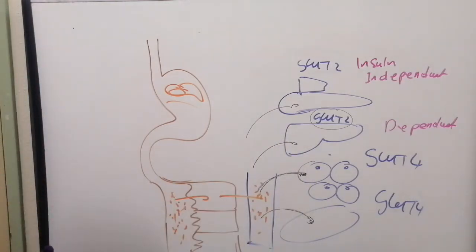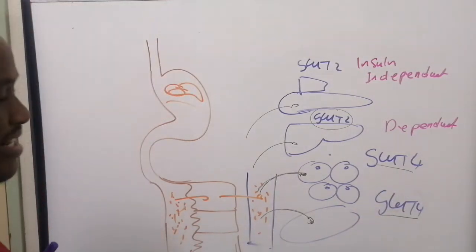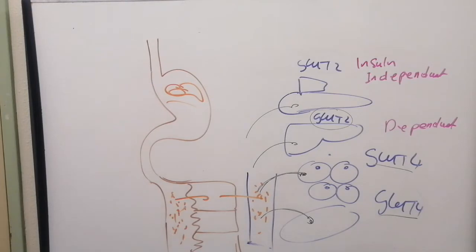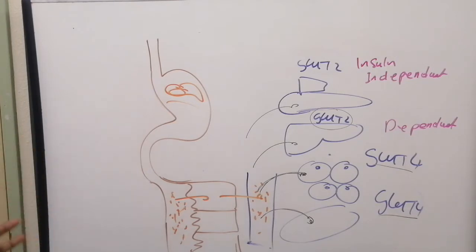So diabetes is centered around GLUT4, right? Okay, so where are the potential problems that can give us diabetes, which is a chronic state of hyperglycemia?